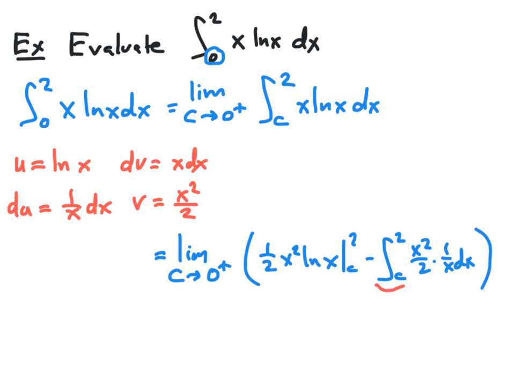And of course, this integral can be easily rewritten to be 1/2 integral c to 2 of just x dx by simplification. And so now we have our expression here that we can compute and then eventually take the limit as c goes to 0 from the right.